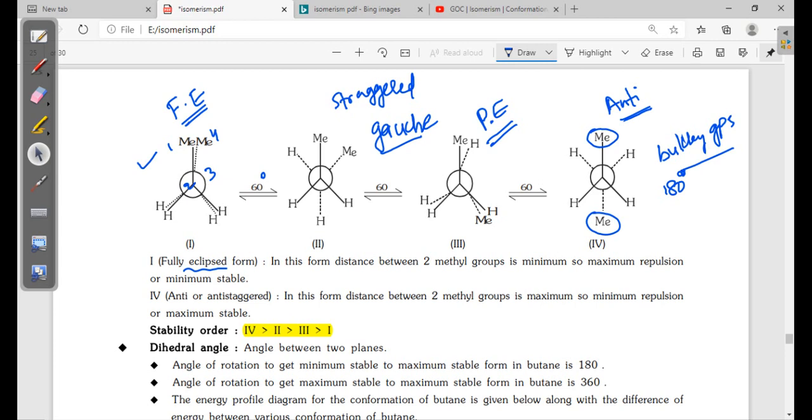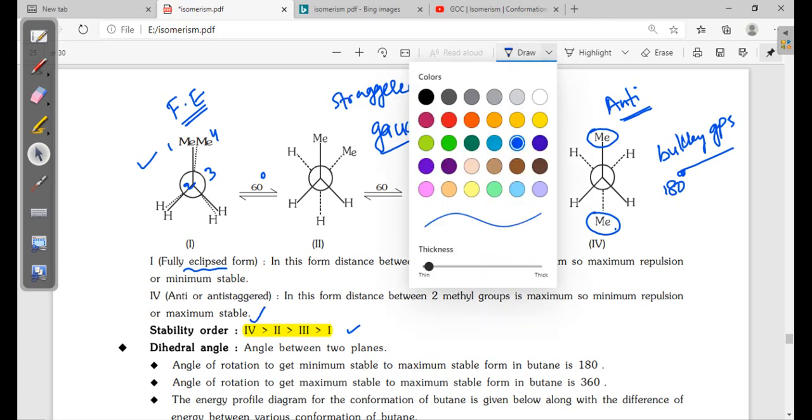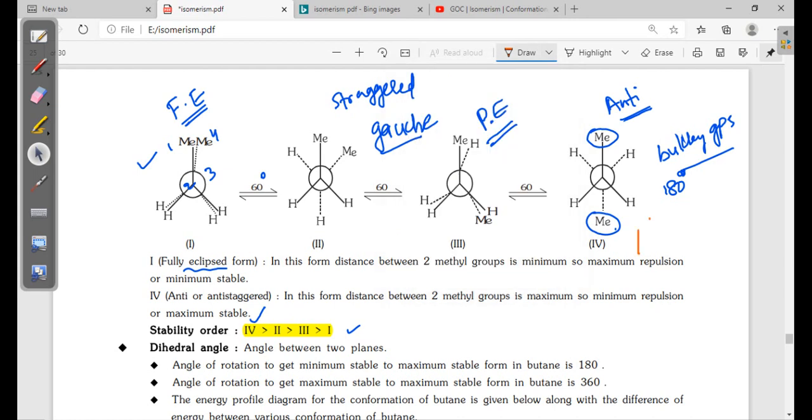Now if we talk about stability, you can see least repulsions in the fourth position. So the fourth is highest stable. This is highly stable, and this is highly unstable.